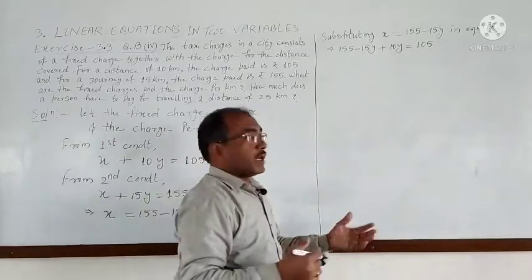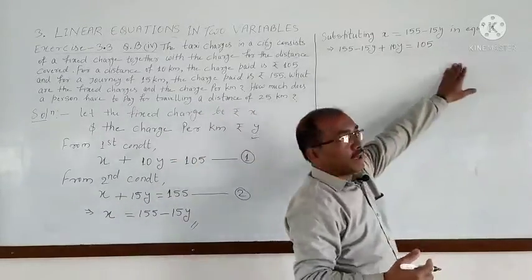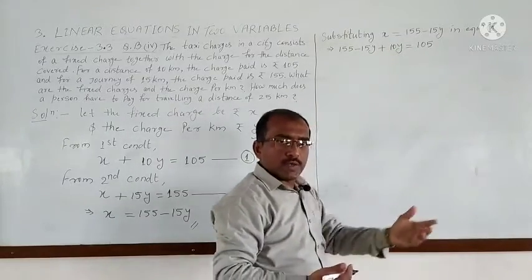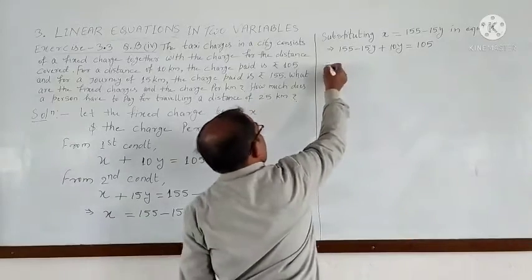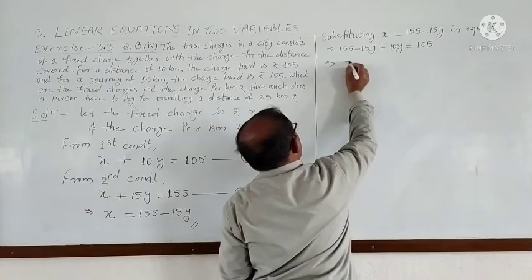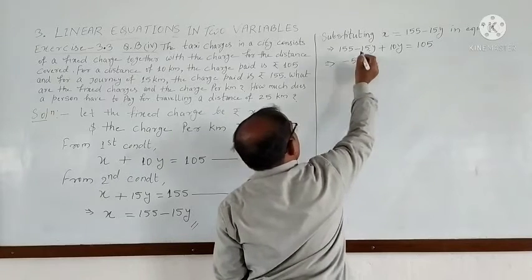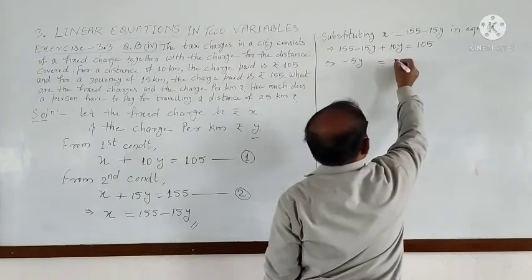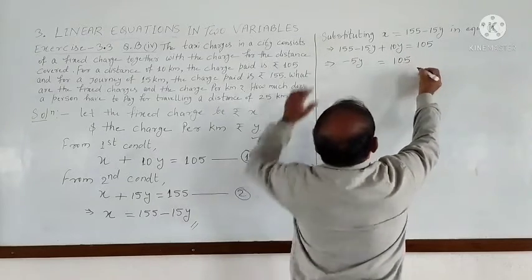Just simplify and solve, that we all know. Numbers we send to RHS, and the variable terms we add or subtract according to the sign. Let us take 155 to RHS. Here minus 15 plus 10, you all know that is minus 5, because minus 15 has a minus sign and the other has a positive sign, so we subtract.